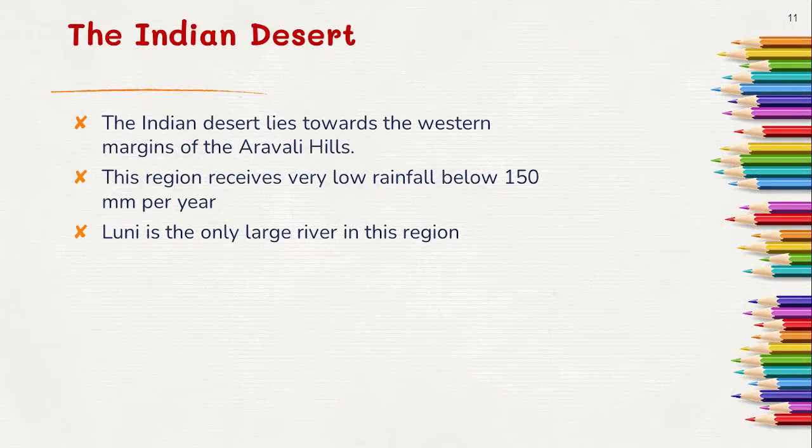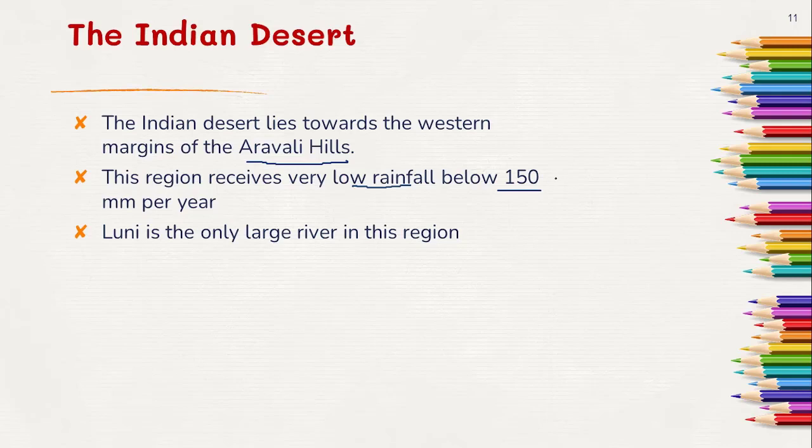Next, the desert. The desert which we have in the western margin of the Aravallis. So India has a desert also. Deserts are found because of a less amount of rainfall, below 150 mm per year. Because of that it has formed a desert, and here the people are not dependent on agriculture because of less rainfall throughout the year.